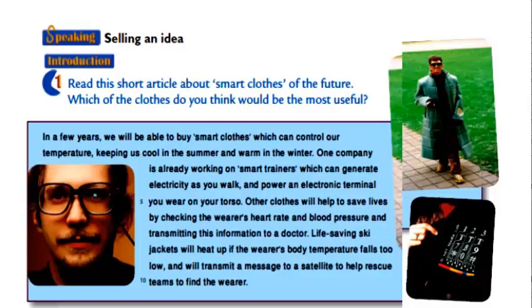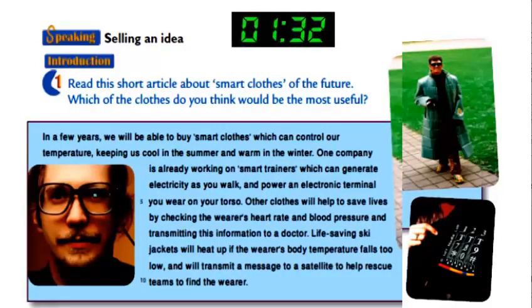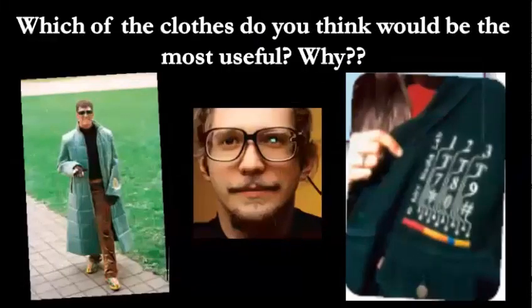Which of them do you think would be the most useful? Take your time. I'll be back in a minute. Okay. Again, my question is, which of the clothes do you think would be the most useful and why?